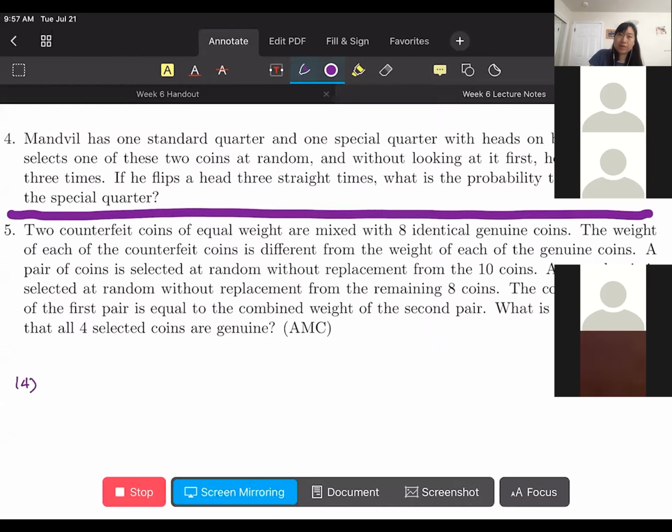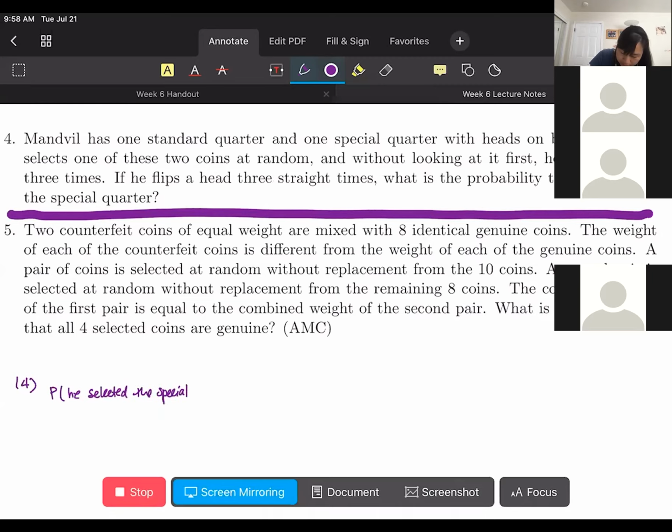This one's a bit more complicated, but we want to calculate the probability he selected the special quarter, given that he flips 3 heads.